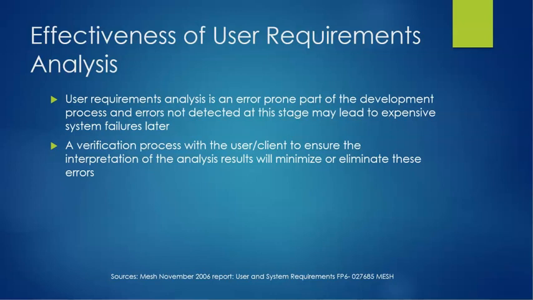And at that point we can minimize or eliminate any errors. Basically, you need to sit with the client and confirm each feature. Is this what you mean? Is this what you want the system to do? Is this the function that you're looking for?